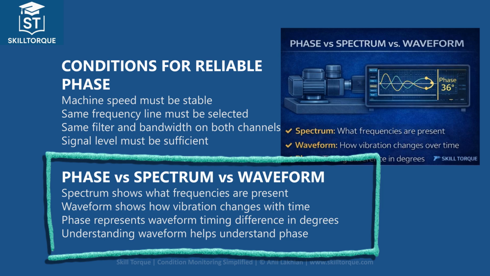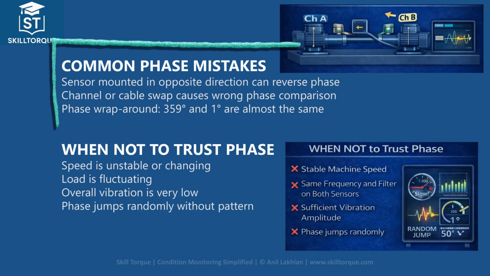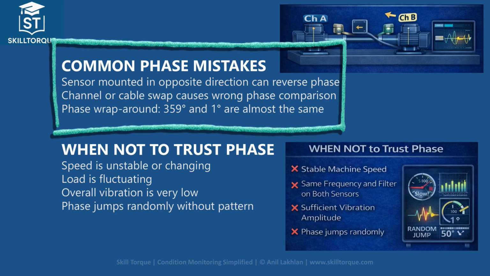Now let's talk about the biggest cause of wrong phase interpretation, that is sensor orientation errors. What common mistakes do we make in sensor orientation? Let's say you are using very long cables.